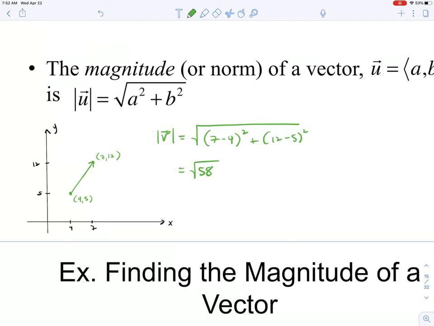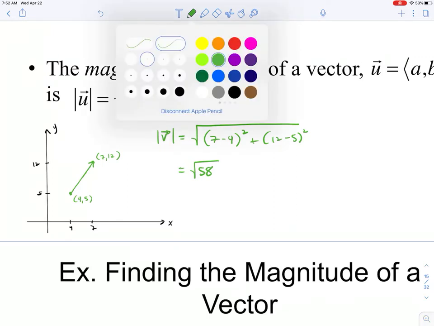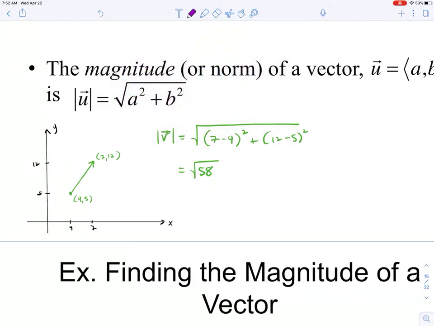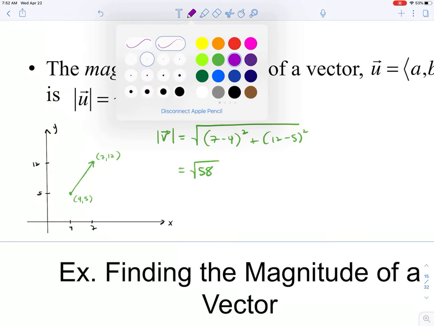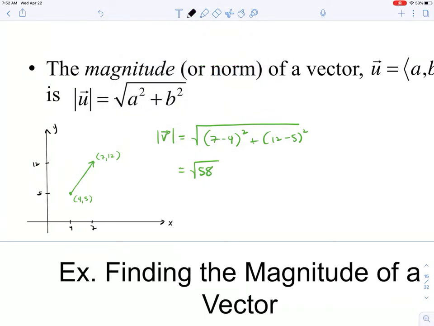In the previous example, we determined the equal vector that was in standard position to this vector v.